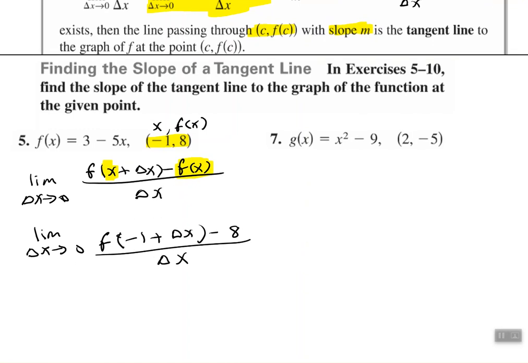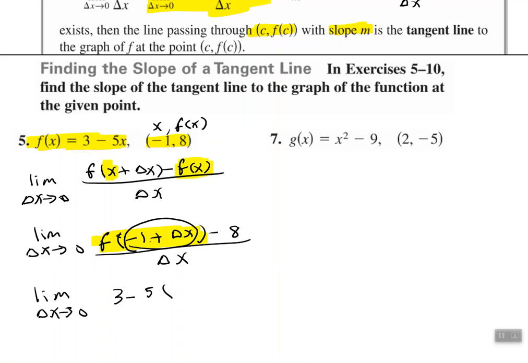All right. So now let's substitute in, replace this function using the function of x, 3 minus 5x. So f of x is equal to 3 minus 5x. That tells me that everywhere that I see an x in that function, 3 minus 5 times x, I need to replace it with -1 plus delta x. Okay, so I have 3 minus 5 times x is my function.